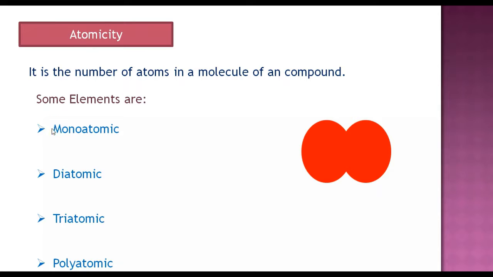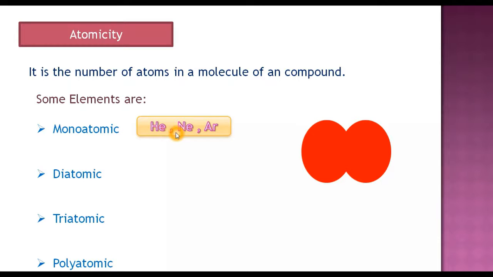Now see, we have monoatomic molecules, diatomic, triatomic, and polyatomic. Now monoatomic means a molecule with only one atom. If you look at helium, neon, argon, these are single atoms. They even exist independently. You can also say these are elements. You can in fact say these are atoms.